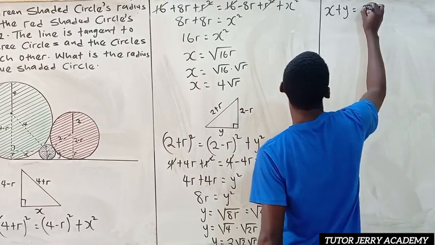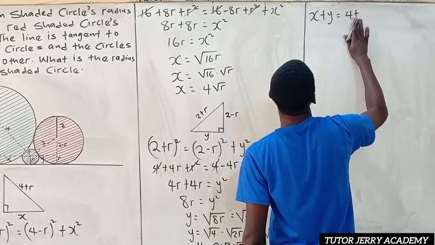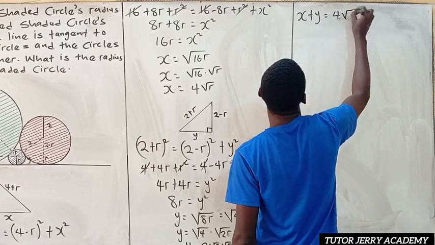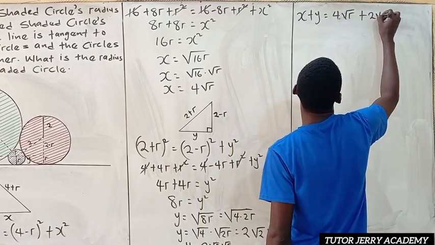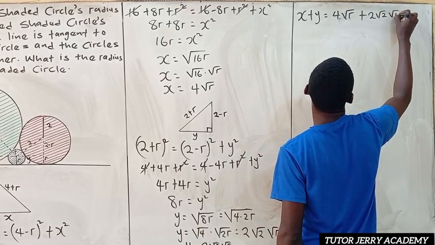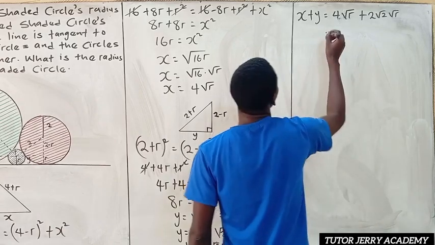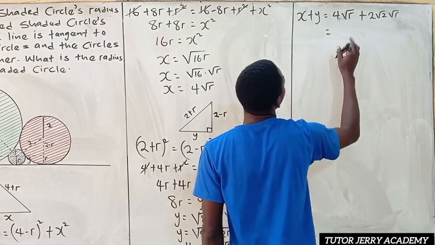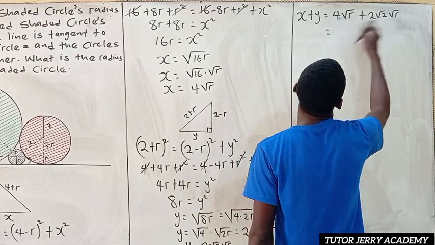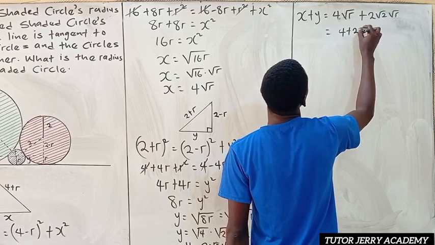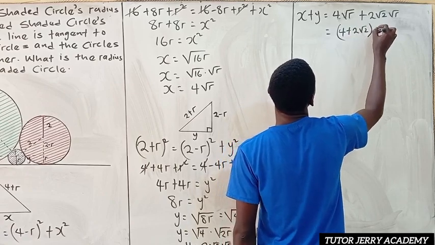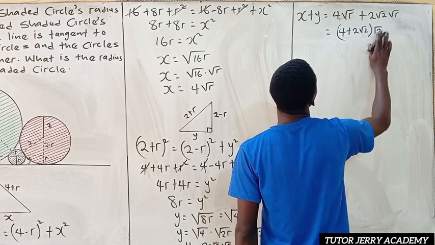Our s is going to be 4 root r, plus our y. Our y is 2 root 2 root r, right? All right. So now we can see that this will be equal to, something is common here. Let's bring out root r. So I'm going to have 4 plus 2 root 2 into root r.